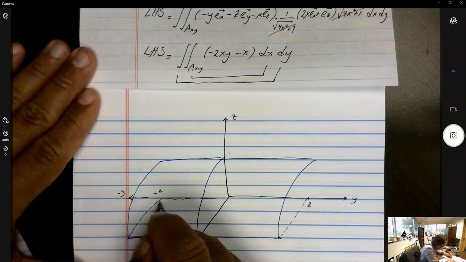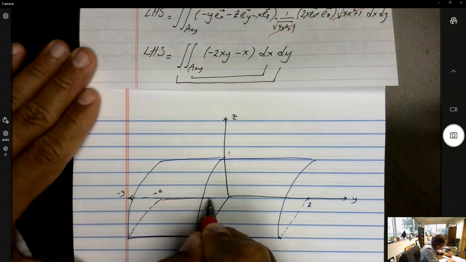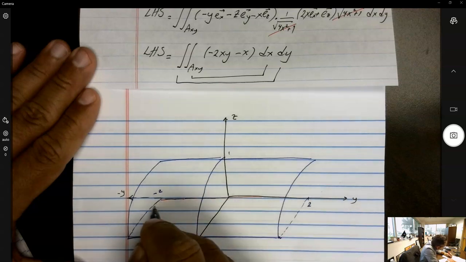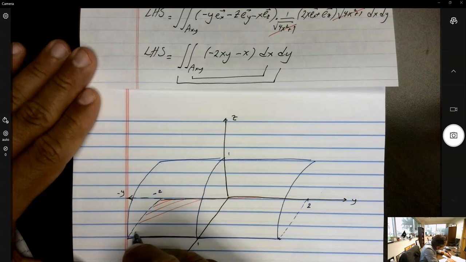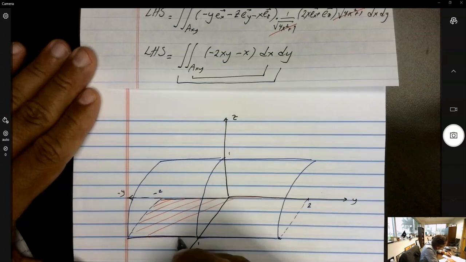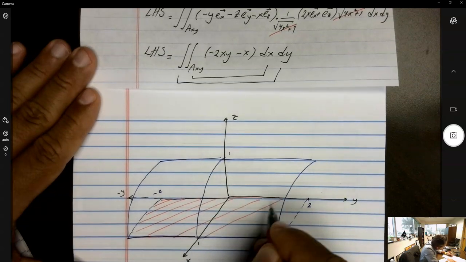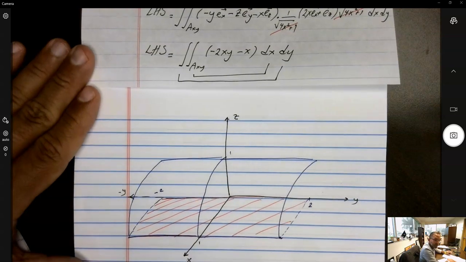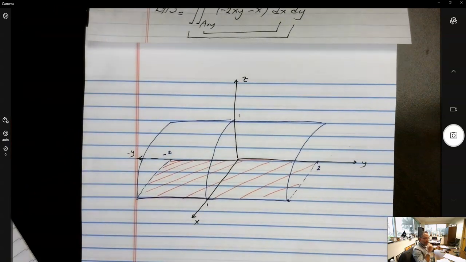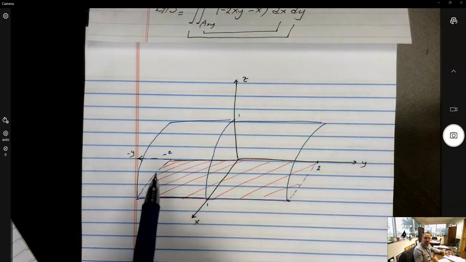this is the area over which we're integrating. So we're basically integrating over a rectangle. That makes the selection of the limits of integration quite easy, because it's just constant limits of integration on both sides.